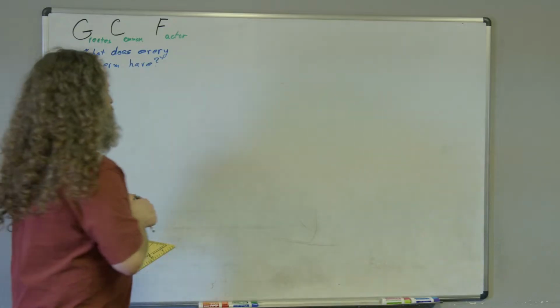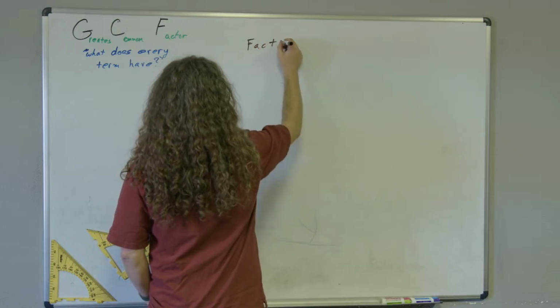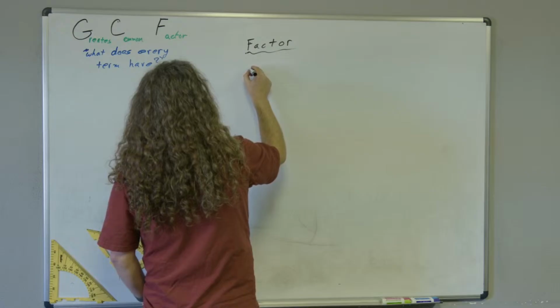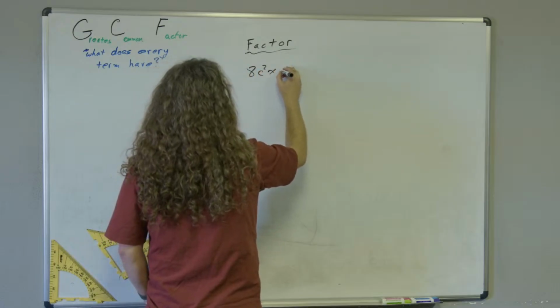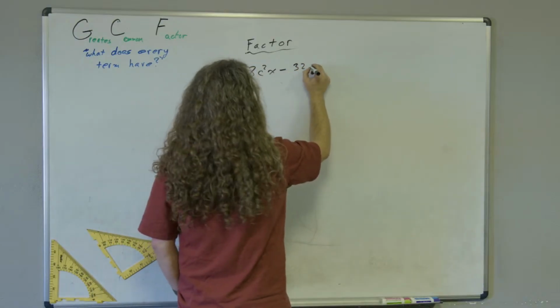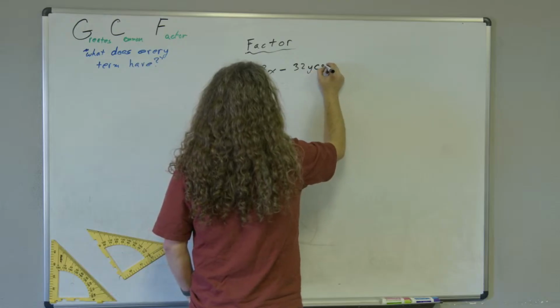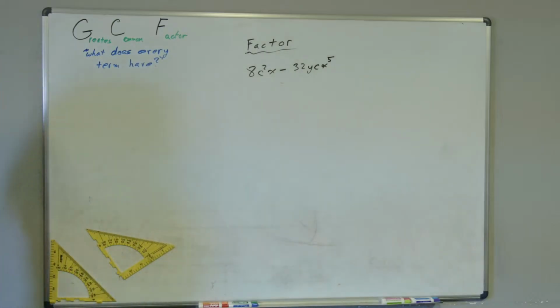Okay, so for example, the instructions said factor. And you had something like 8c squared x minus 32y c x to the fifth. We'll look for a GCF first.